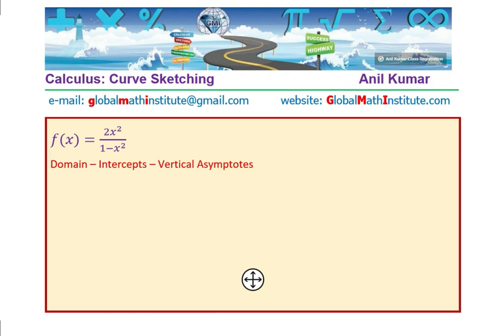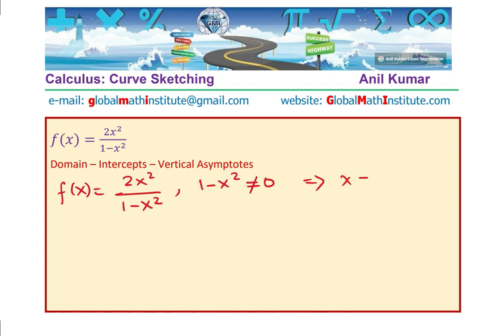Now let's look into the first part, which is the domain of the function. We are given the function f of x equals 2x squared over 1 minus x squared. Definitely the 1 minus x squared in the denominator is not equal to 0. That gives you the idea that x is not equal to plus or minus 1, right? So that becomes the restriction. That gives you two things right away.